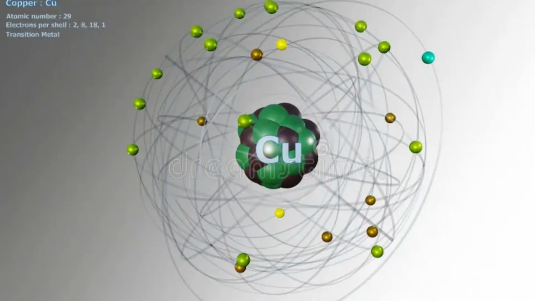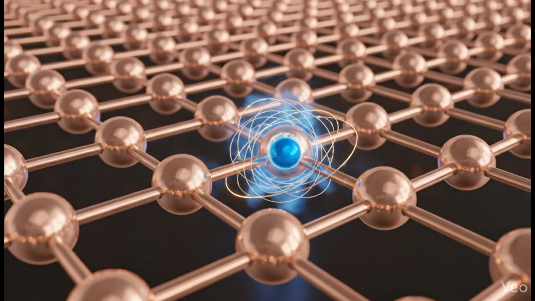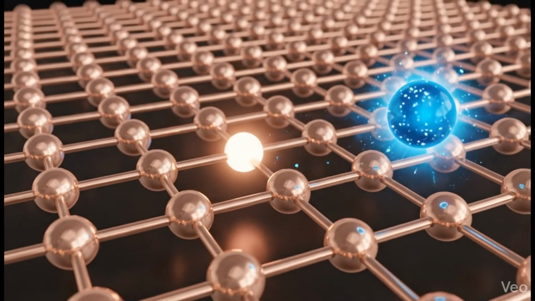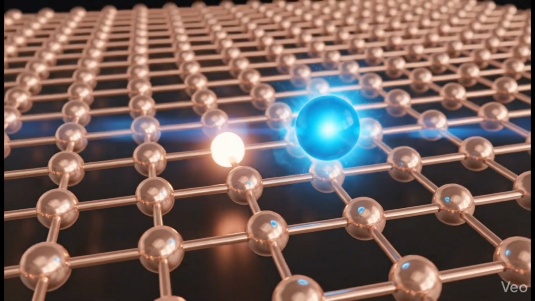Now the real question is, what is it about the atomic structure of a material that determines where it lands on that line? Electric conduction comes down to free electrons. In a copper atom, the outermost electrons, what we call the valence electrons, are so loosely bound to the nucleus that in a copper crystal, they essentially form a sea, a cloud of electrons that's free to drift when you apply a voltage.